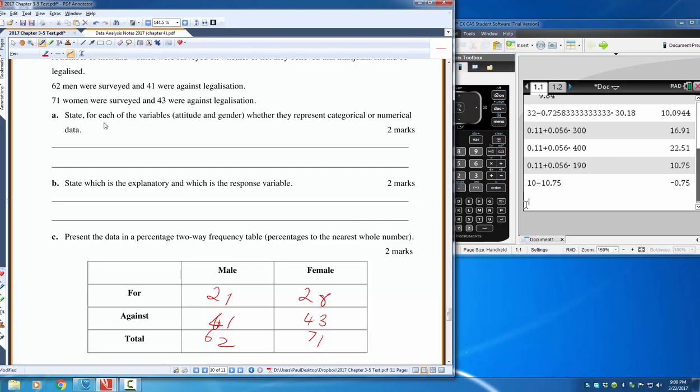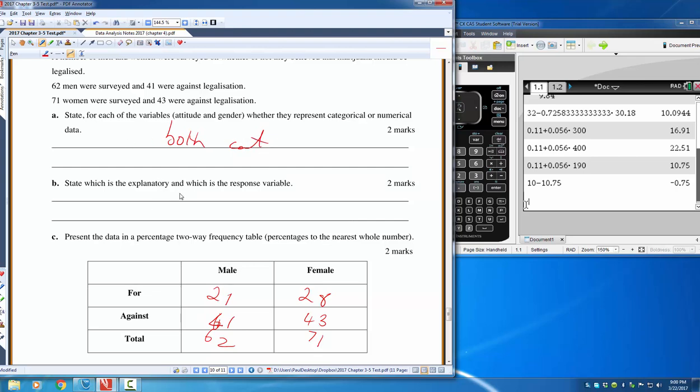Okay, state for each the variables attitude and gender represent categorical or numerical. Well, your attitude is either you're for or against it. You're in a category. You're in the for category or the against category. Same with gender. Gender, you're either a male or a female when you're surveyed. So both were categorical.